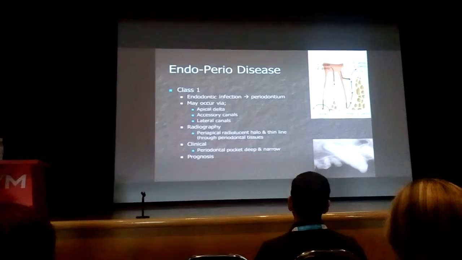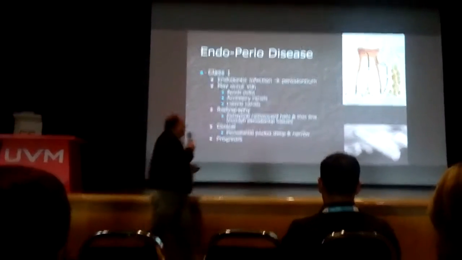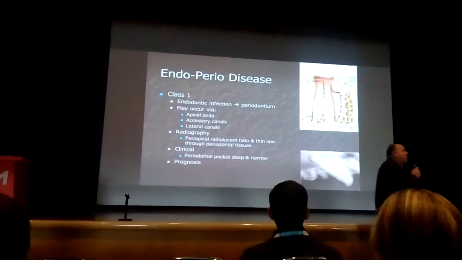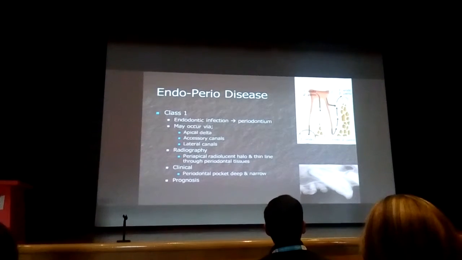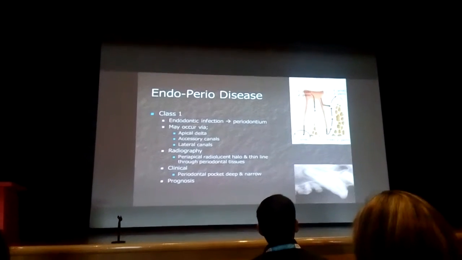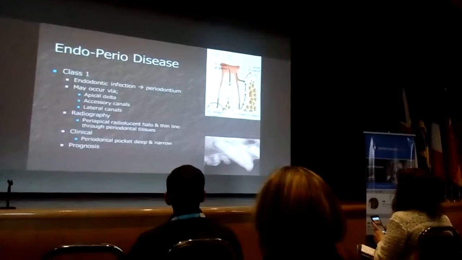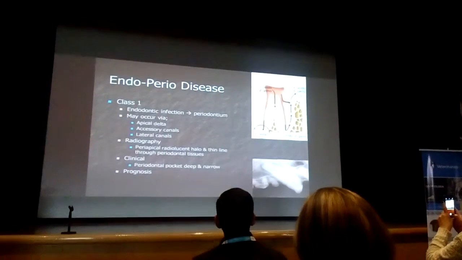A class 1. A class 1 endoperial lesion, as the name says, endodontics came first. So it's an endo lesion first, and then it becomes a perio. If you look here, that infection of bacteria, if there was a fracture of the crown, we could get entrance in here to the pulp.